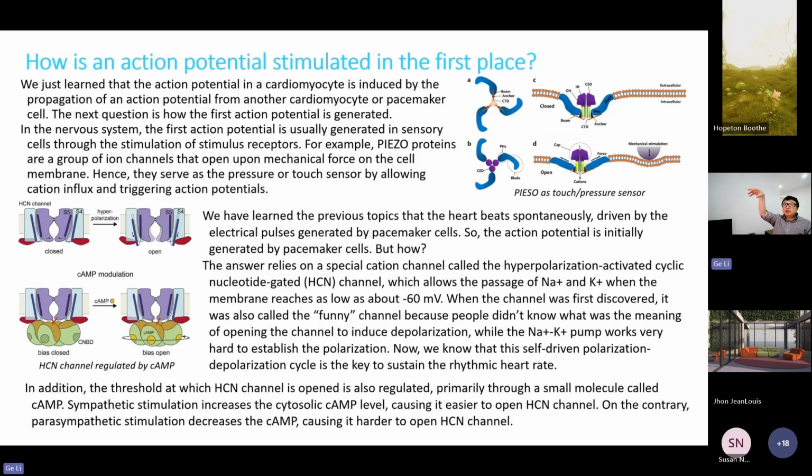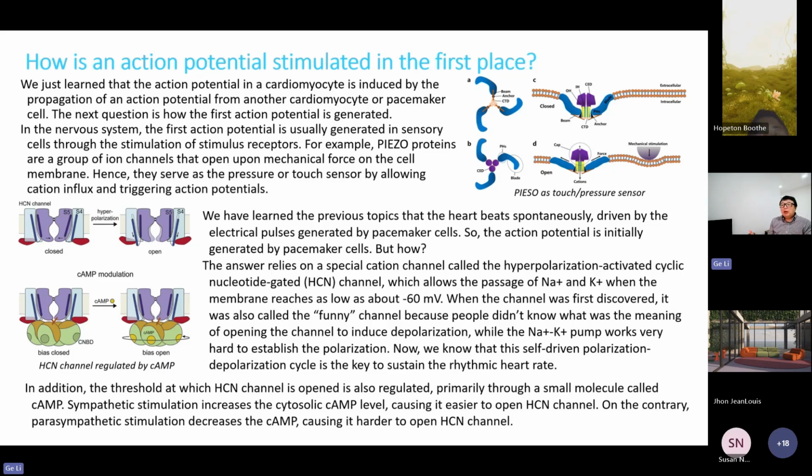What's the direct condition that can actuate a faster heart rate, a higher heart rate? Sympathetic nerve signals. Sympathetic makes the heartbeat faster. Parasympathetic makes the heartbeat slower. Why? Now we have the full circle, we have a closed circle now. When the sympathetic nerves activate the pacemaker cells, it leads the pacemaker cells to release more cAMP.